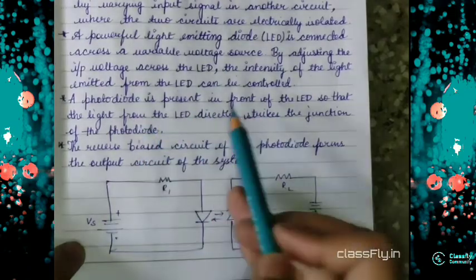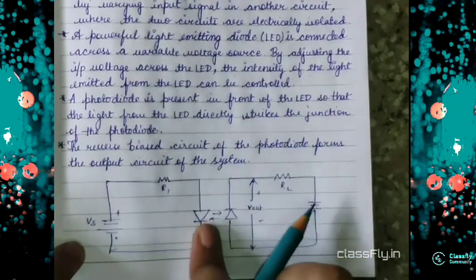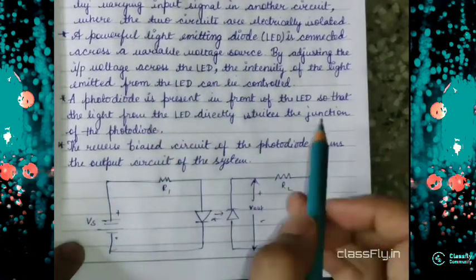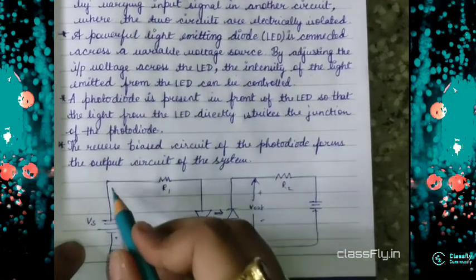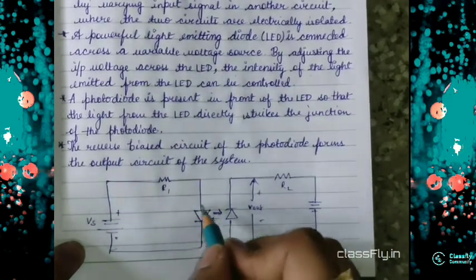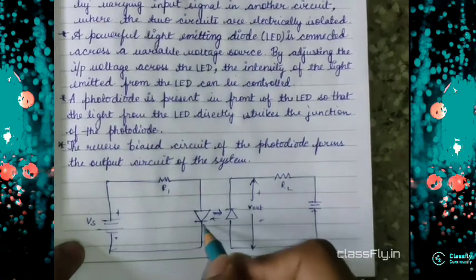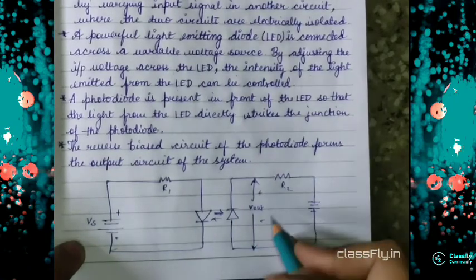A photodiode is present in front of the LED, so that the light from the LED directly strikes the junction of the diode. The electrical energy is converted to light energy, and this light energy directly strikes the photodiode because it is in front of the LED, so it can convert it and give us the output voltage.